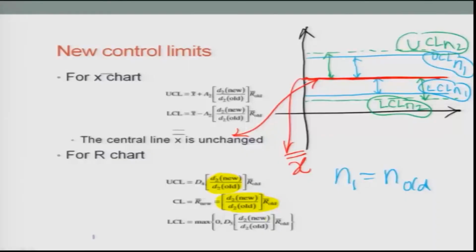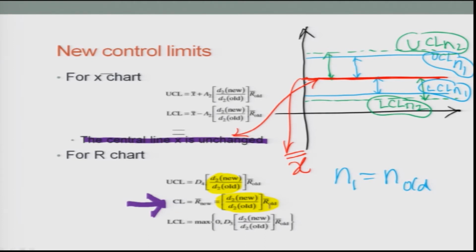One very important thing to note down is this. I will use a highlighter of a different color. Here it mentions for the X bar charts that X double bar does not change, but if you note here where I am highlighting using the violet color with an arrow, the central line for R bar new and R bar old will be different depending on the sample size differences, that is the ratios.